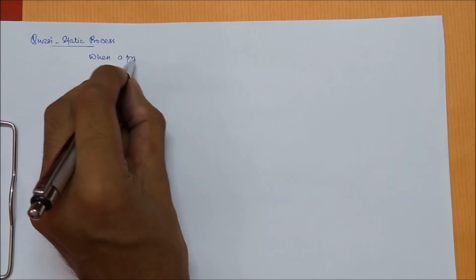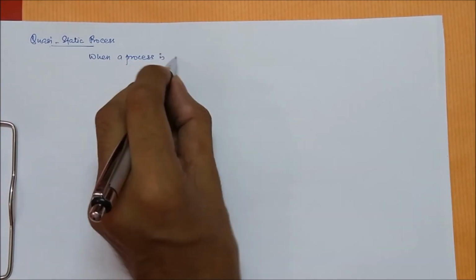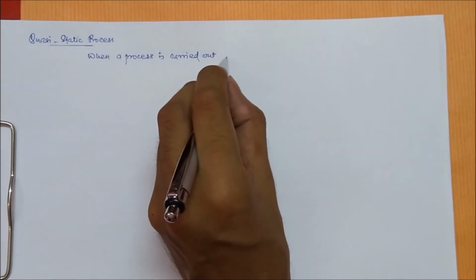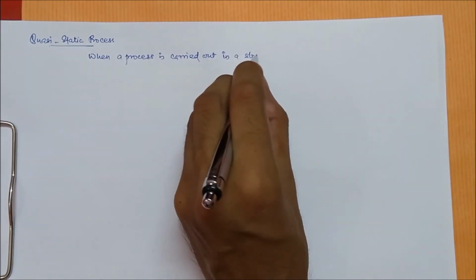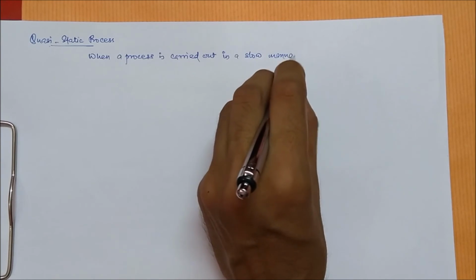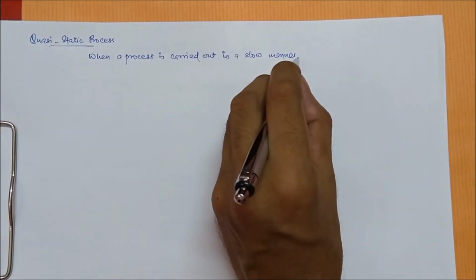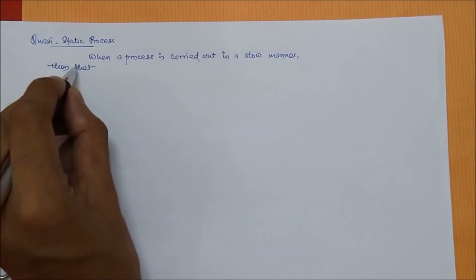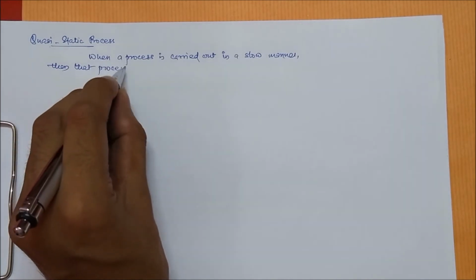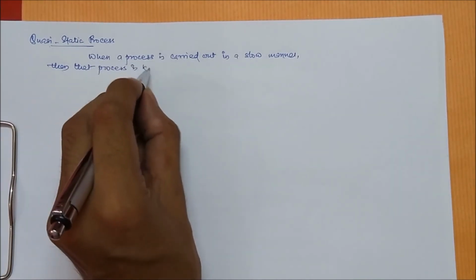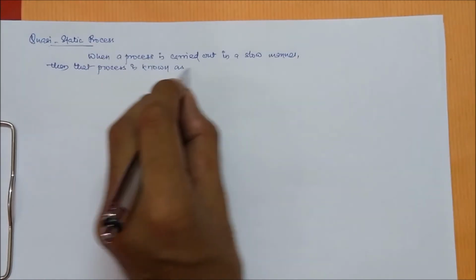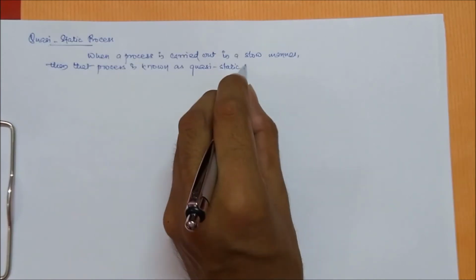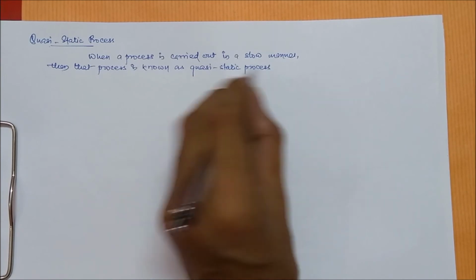When a process is carried out in a slow manner, then that process is known as quasi-static process.